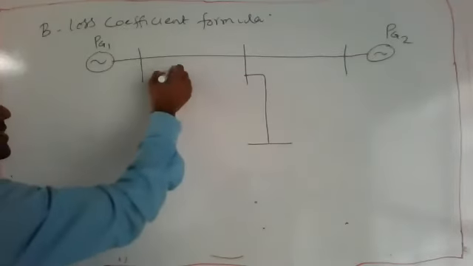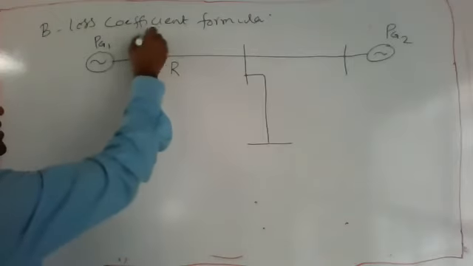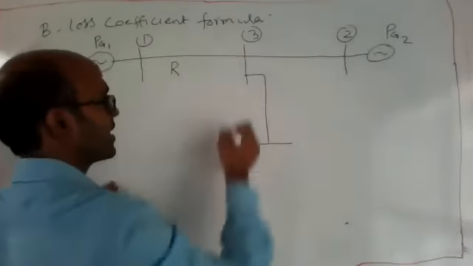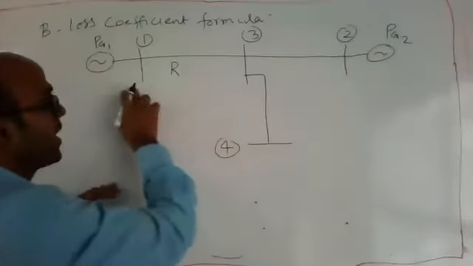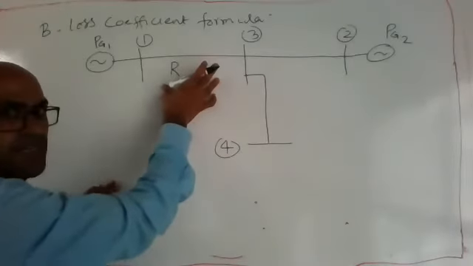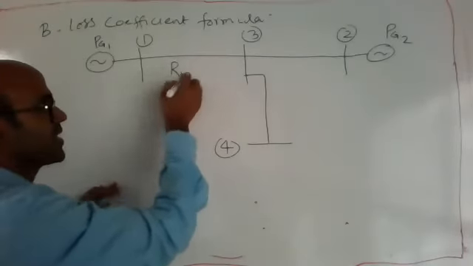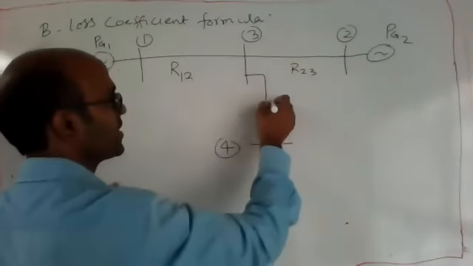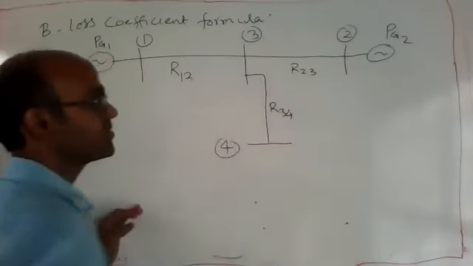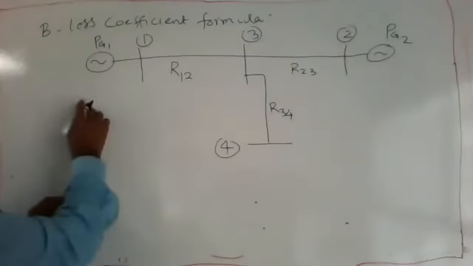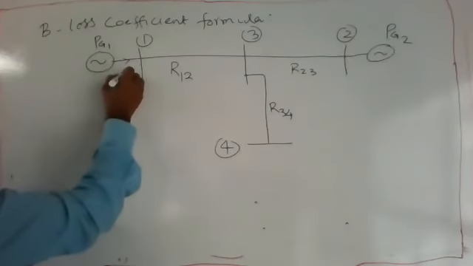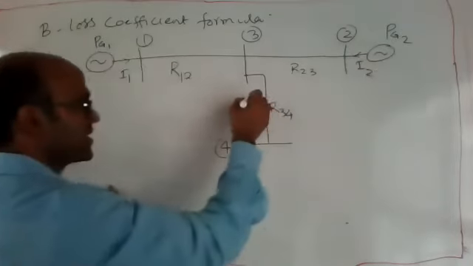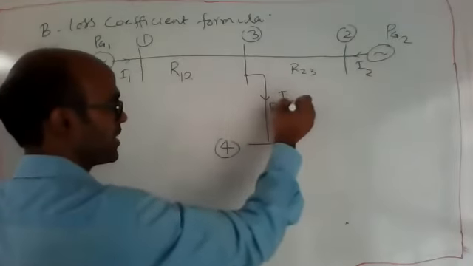This is bus number 1, this is bus number 2, this is 3, and this is 4. In between there are transmission lines, and let us assume this is resistance R12. Similarly, this is resistance R23. This is R34. Okay. So if this generator is generating current I1, this is generating current I2, and this current is I1 plus I2 simply by KCL.